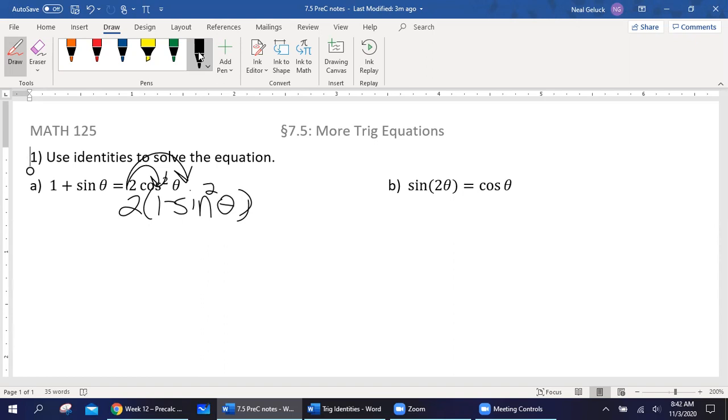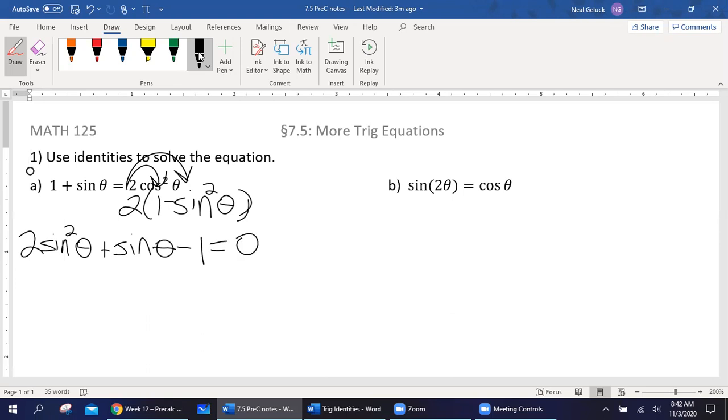And if I group everything over to one side, I'd have 2 sine squared, plus a sine, and then minus 1. So I had a 2 on the right, and when I subtract it over, I'm left with minus 1.